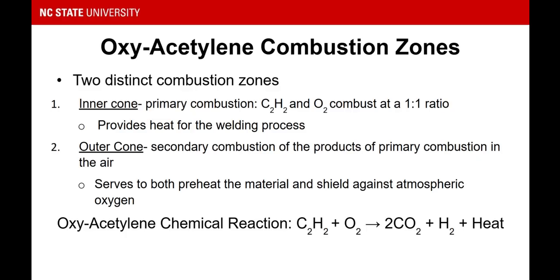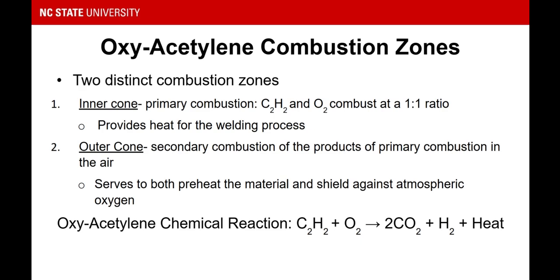So when you're heating up a piece of material, welding it, or cutting it, you want to put that inner cone right onto the material. Beyond the inner cone, there's an outer cone, a little bit yellower in color, and that outer cone is the secondary combustion area of the torch.